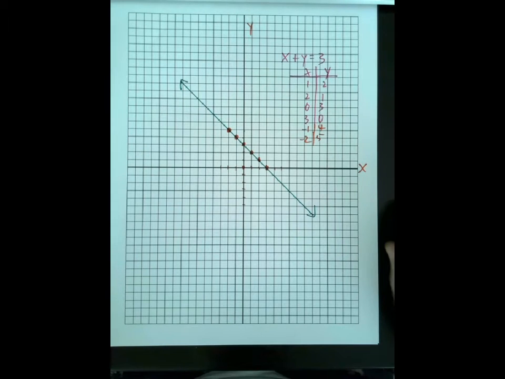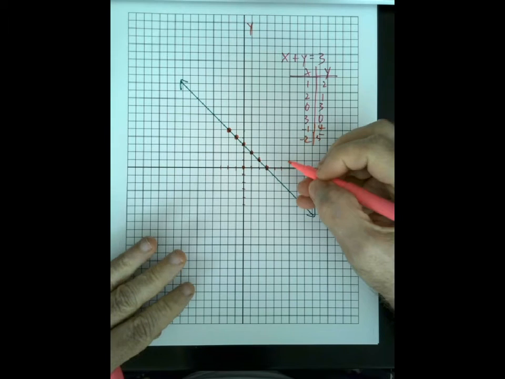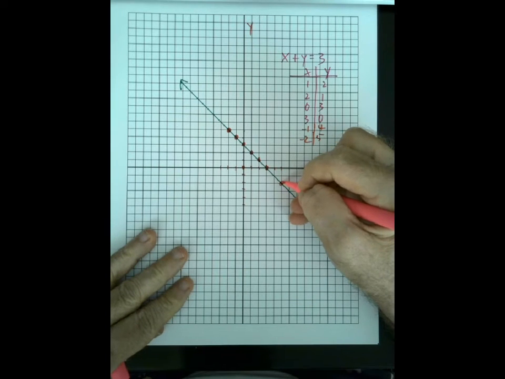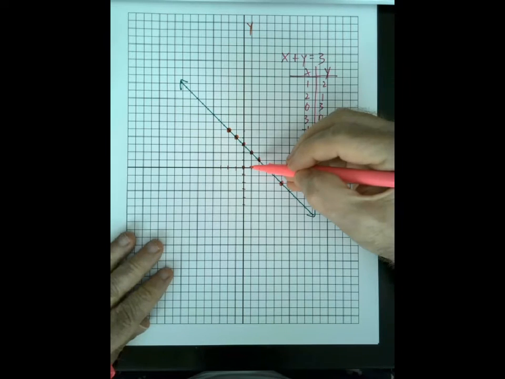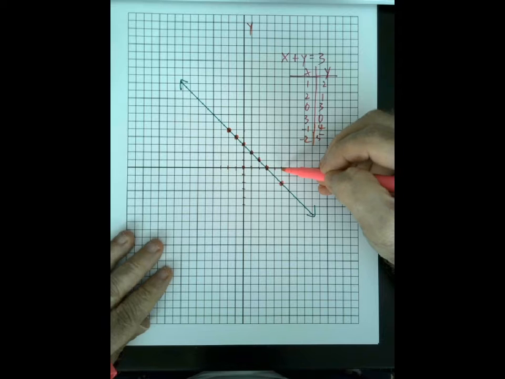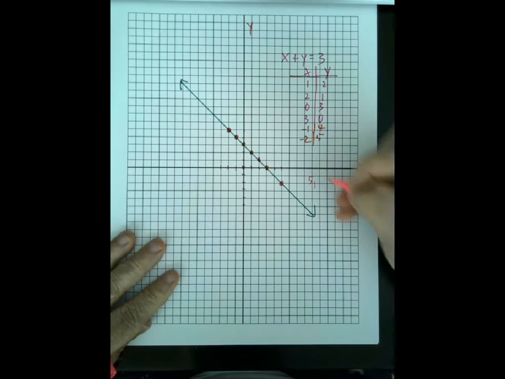So, for instance, let's check this out. How about that spot right there, which is on the line? What is its ordered pair? It's 1, 2, 3, 4, 5, so its x number is 5, right? Can you guys see that?